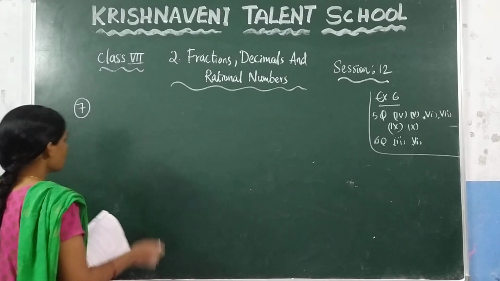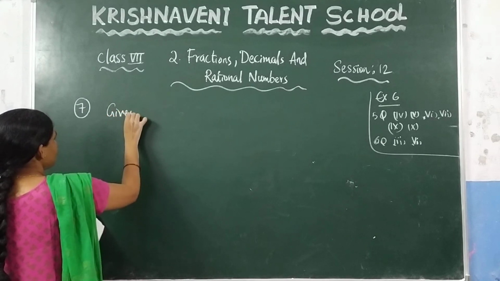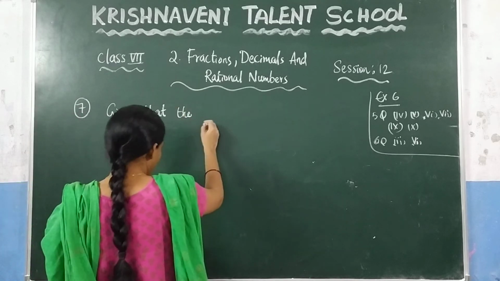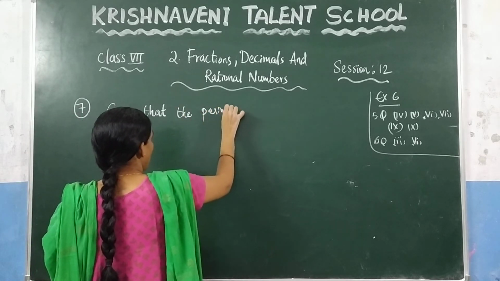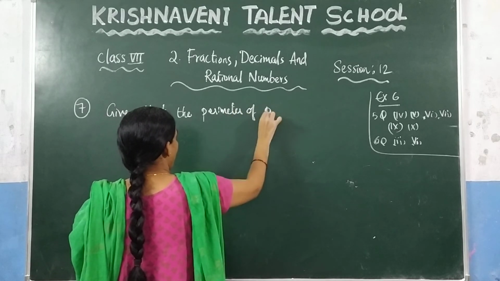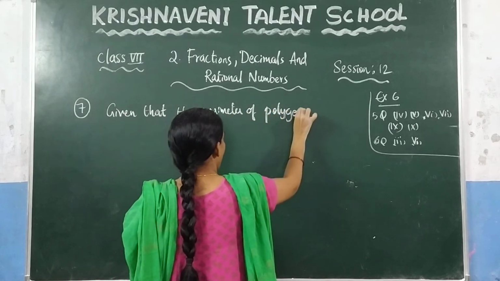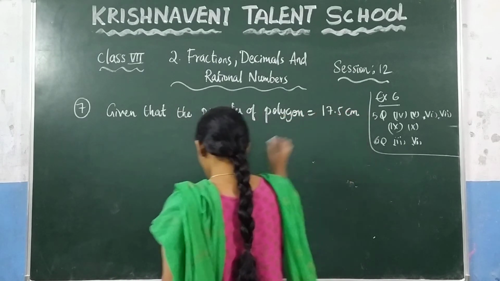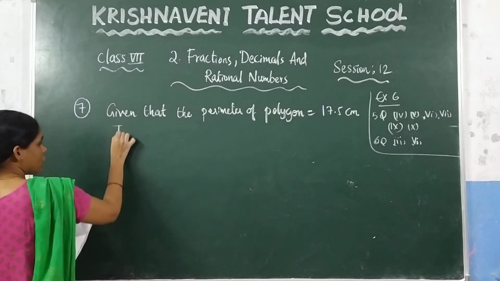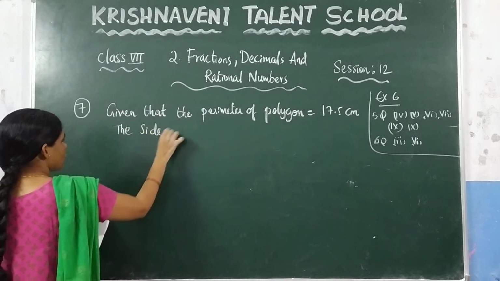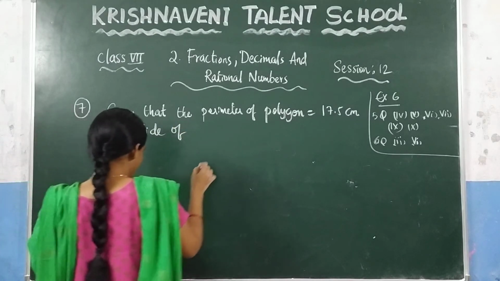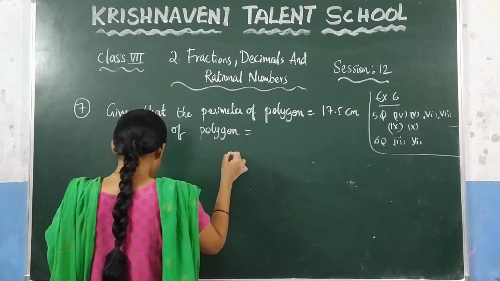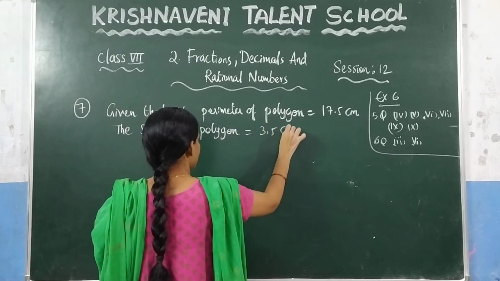Now write it here. What is given here? Given that the perimeter of the polygon, which is given as 17.5 centimeters, and one side of the polygon is given, how much they have given the length, which is 3.5 centimeters.